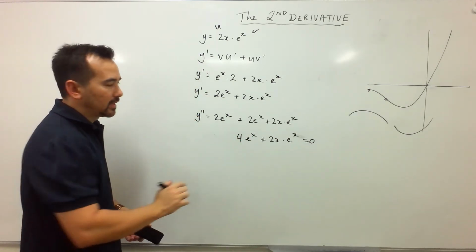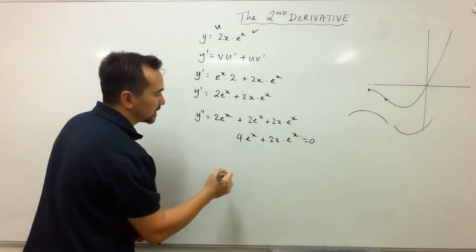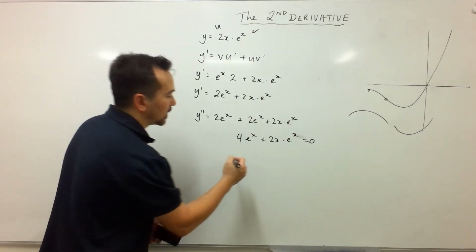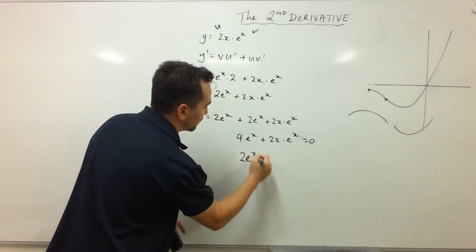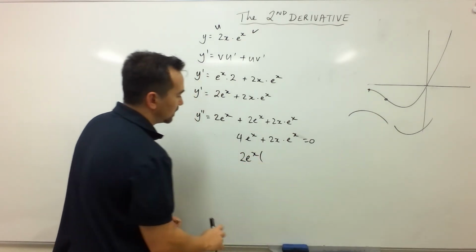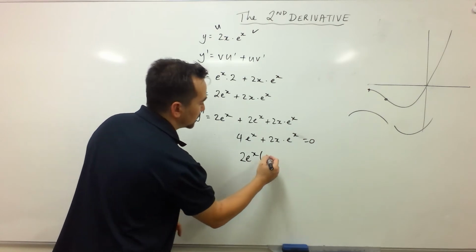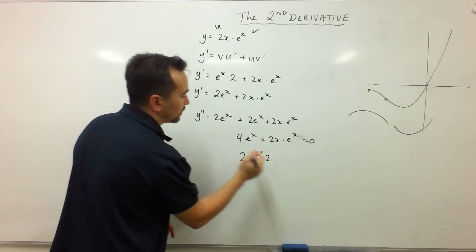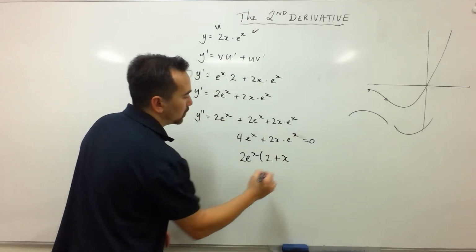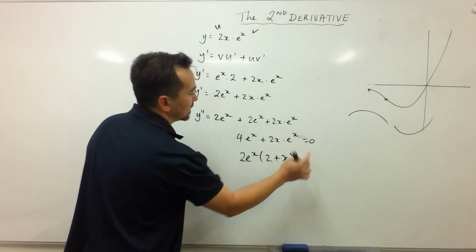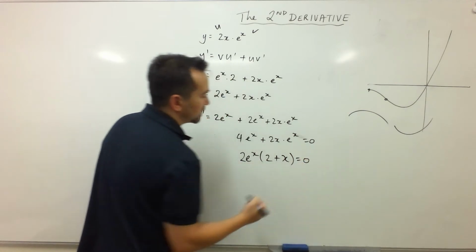All right, and since I have e to the x in both terms, I can factorize e to the x. I can also factorize a 2. And 2e to the x times 2 will make that 4. And 2e to the x times x will make 2x e to the x. Make that equal to 0.